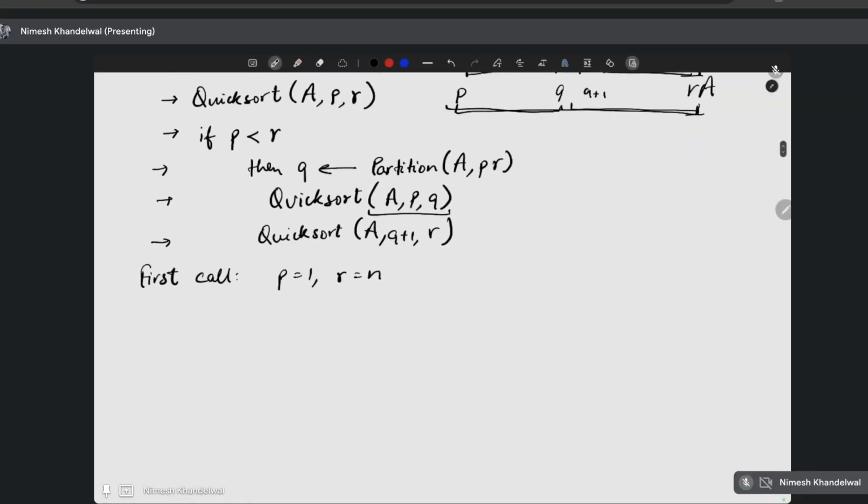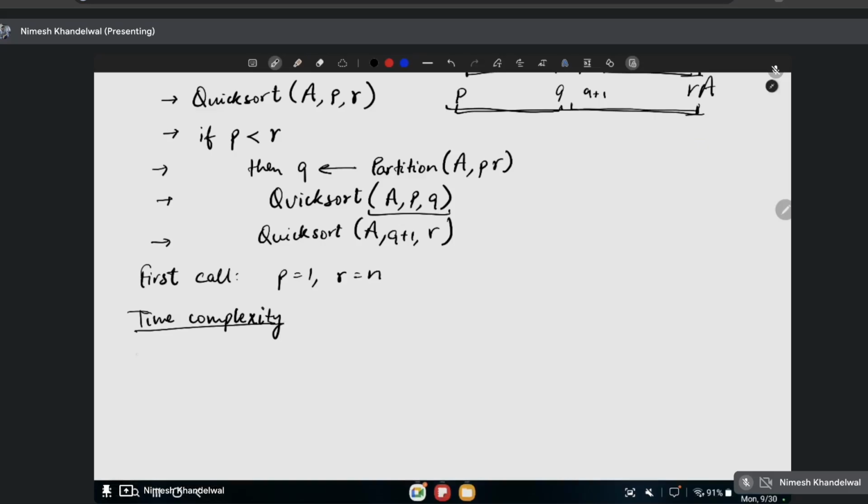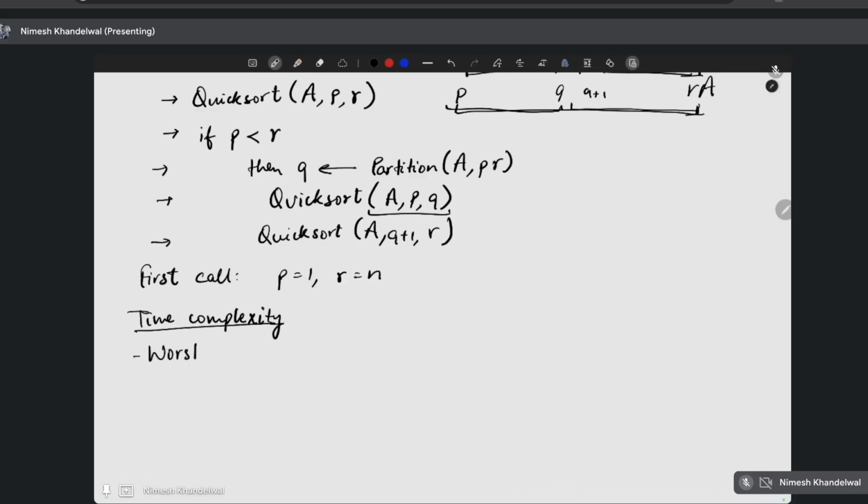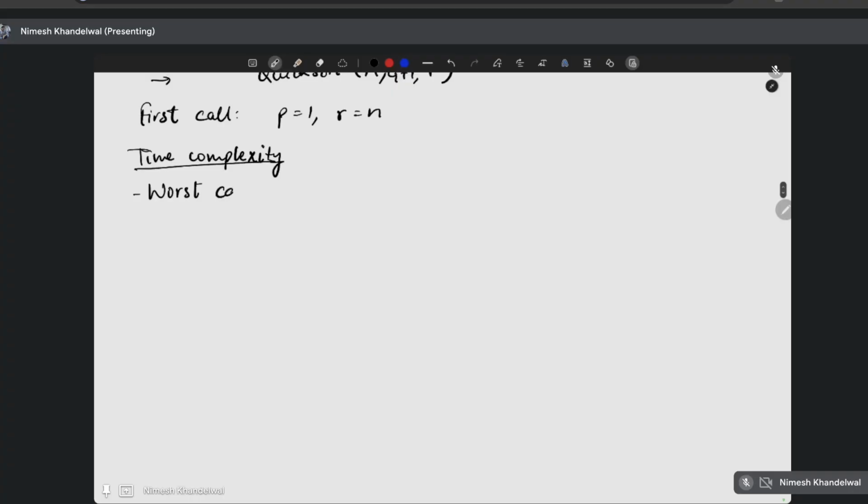I won't go through the complete analysis here. I will just state what was already mentioned in the lectures. So the time complexity of quicksort: the worst case time complexity for quicksort is n squared, right?